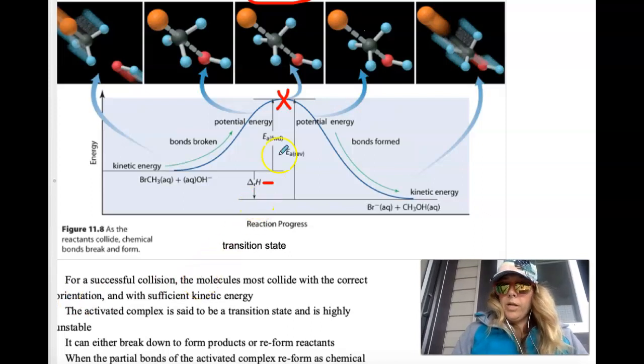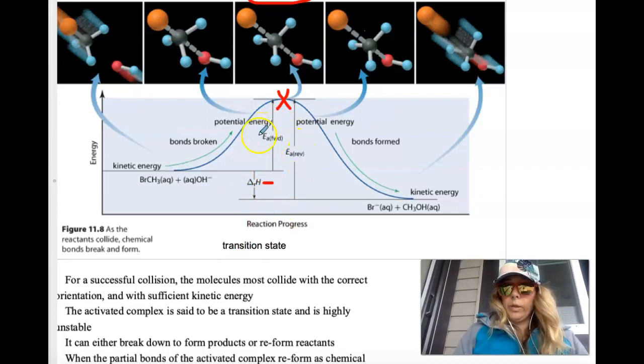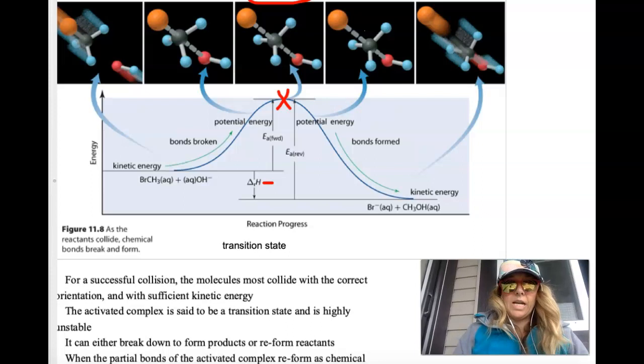Okay, one thing you're going to find, we do not get into calculating EA of these reactions. The only calculations we're going to do is if they give you one and they give you delta H and they ask you for another. There's no data table for you to really look these up that you have access to in your data booklets. That's definitely getting into university territory to actually calculate those EAs because you have to do a series of multiple reactions and tests to be able to calculate that.